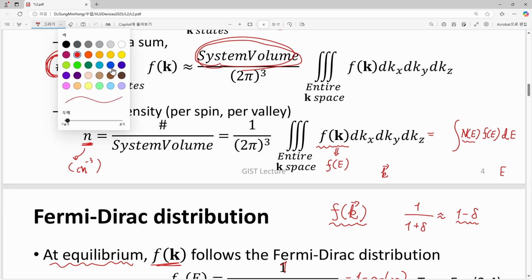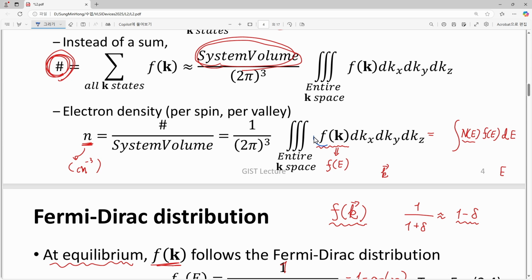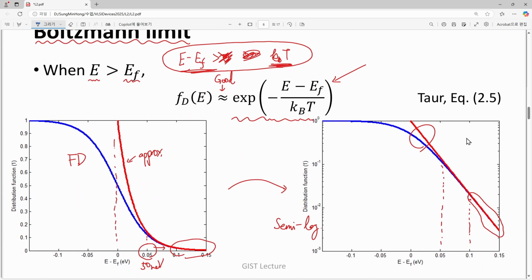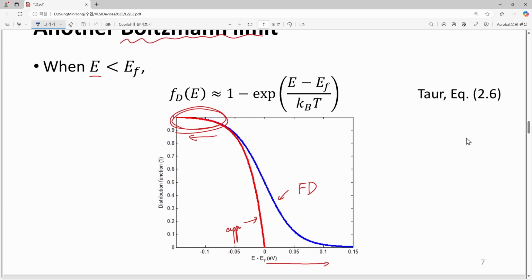How can you make this conversion? In general, it is a function of k, but it can be written as a function of energy, and you can find it. This phase space integration is converted into energy space integration. But in order to make this conversion correct, we need the density of states. Yes, that's it. So now let's come back to our original lecture progress.